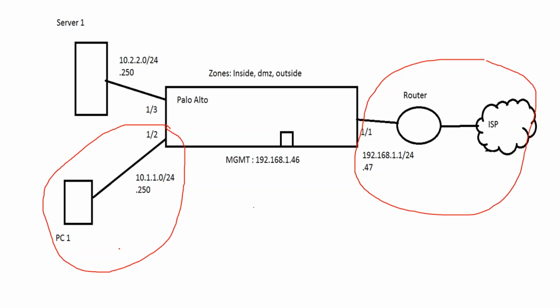Okay, now here we want to create one NAT policy, network address translation policy, to hide this IP address, this subnet mask, to hide the subnet mask from our outer network.